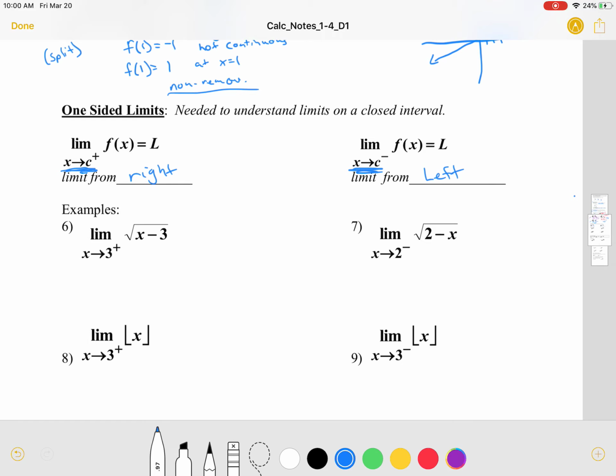Some example graphs where this would come in handy: if you're looking at number 6, you've got the limit of the square root of x minus 3. If we sketch that graph out over here to the side, it should look something like this, coming out that direction. If you take that limit from the positive side, your limit comes down at 0.